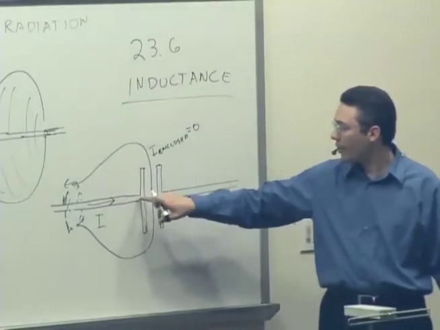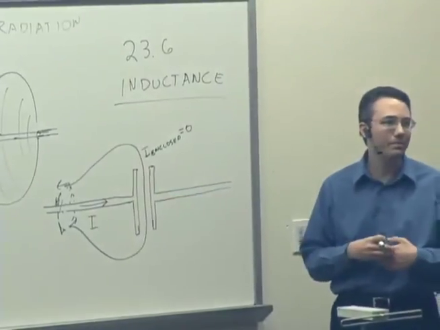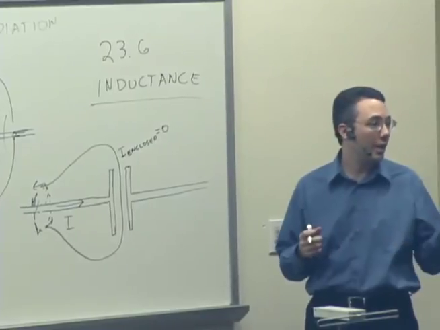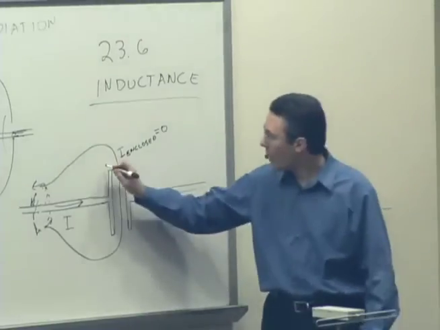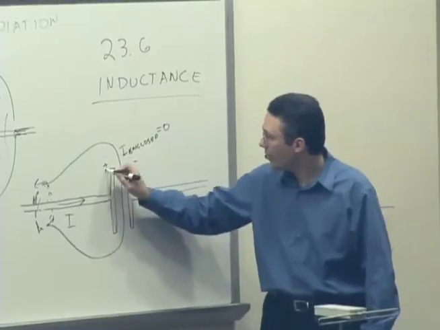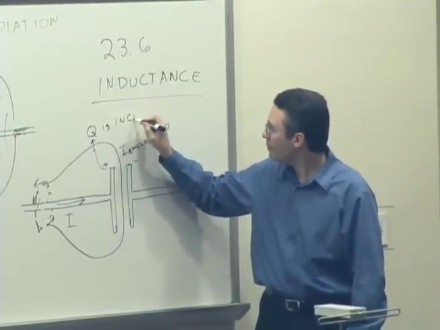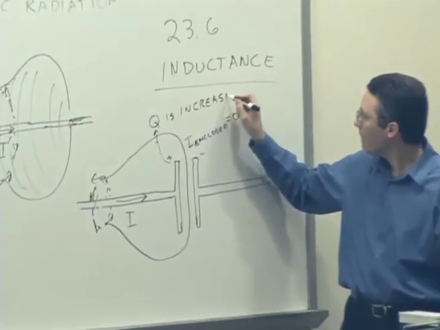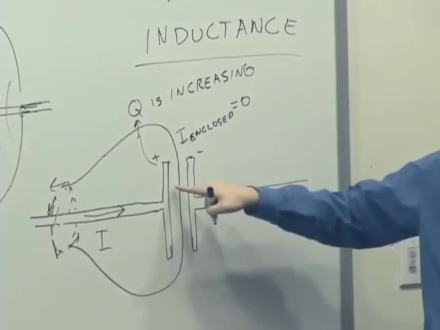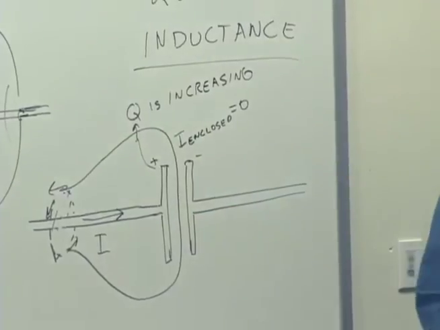What's happening if a current is running onto the capacitor? The charge is building up on the plate, right? So we have positive charge here, negative charge here, and this Q is increasing. What's going on inside the capacitor?